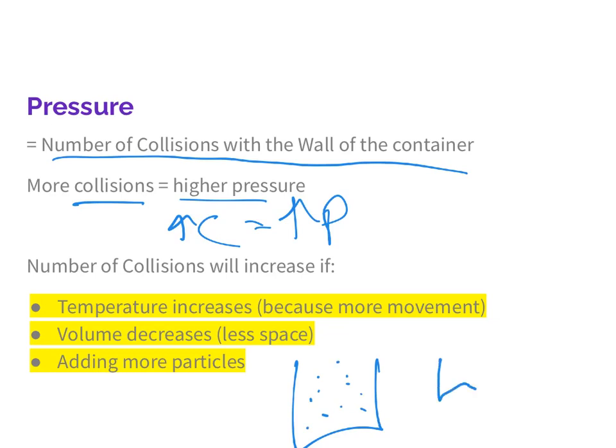If you shrink the space, the molecules are going to also hit the wall more because they have less distance to travel. And then if you increase the temperature, these molecules suddenly go faster. And so they're going to have more pressure as well. So these are the three easy ways to increase the number of collisions and thus the pressure.